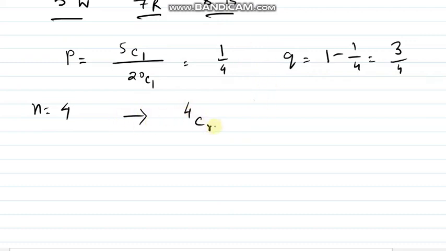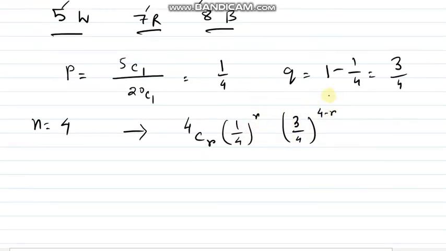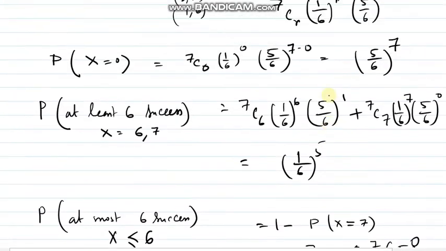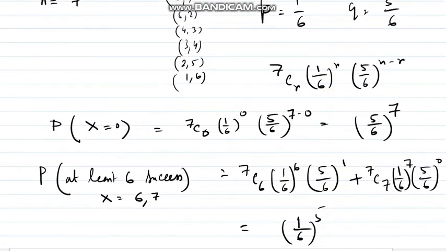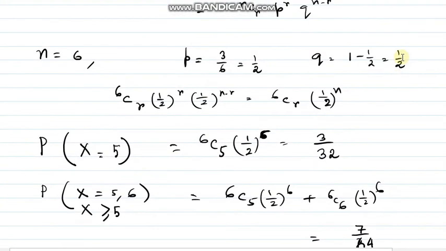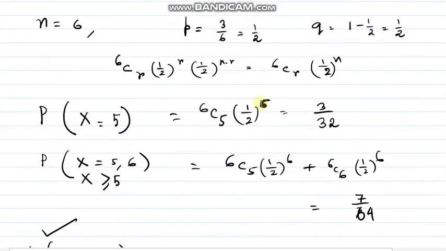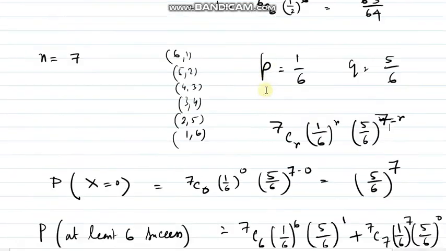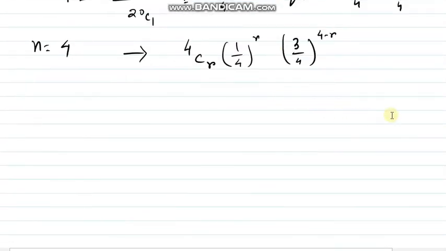The distribution will be 4Cr (1/4)^r (3/4)^(4-r). And this you can write as n minus r, because my n is 7 in the previous one. So you can also write this as 6 minus r. Is it fine?